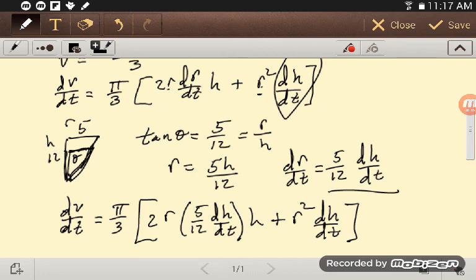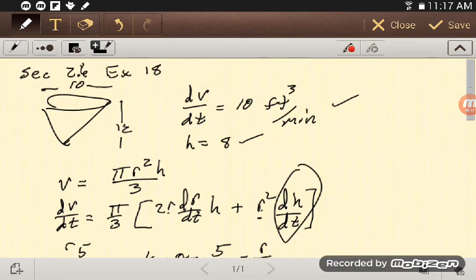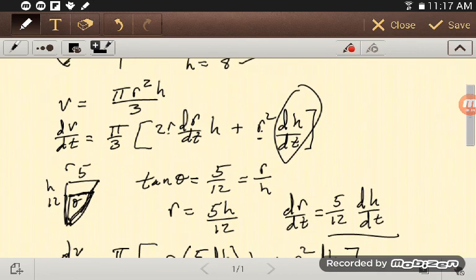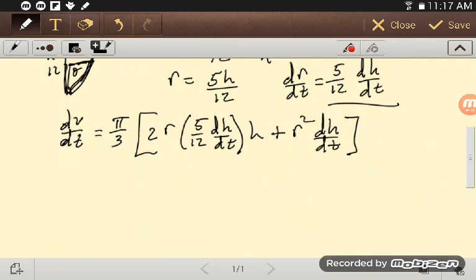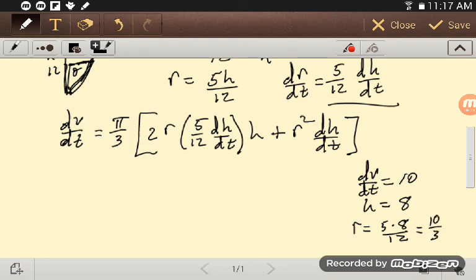Now I want to fill some things in. I know that dV/dt is 10 and h is 8. But if h is 8, then r is 5 times 8 over 12, and 8 over 12 is 2/3, so that's 10/3.